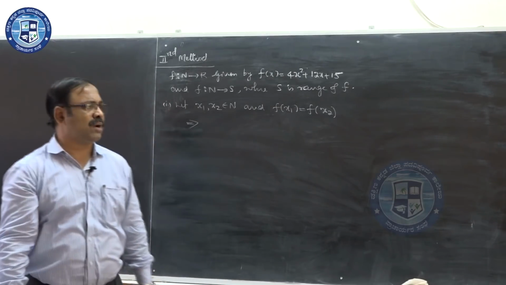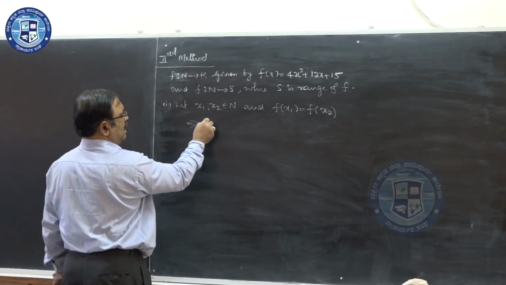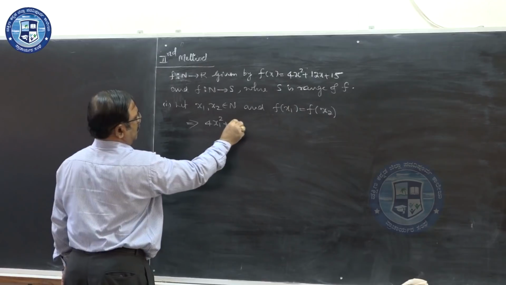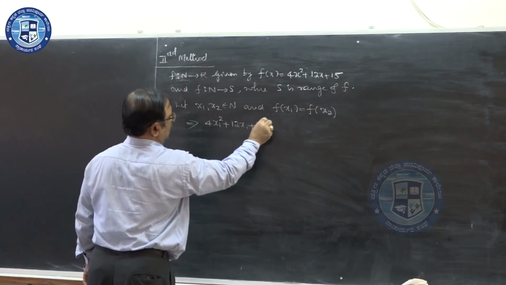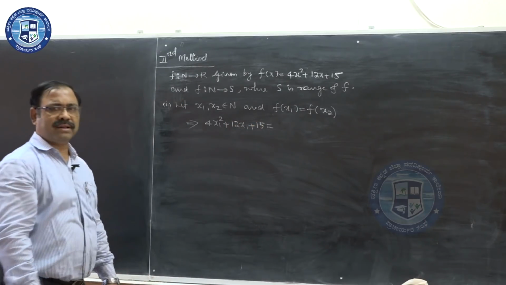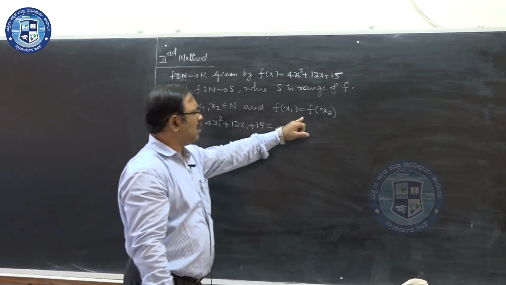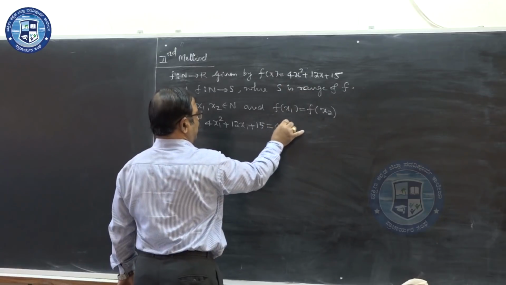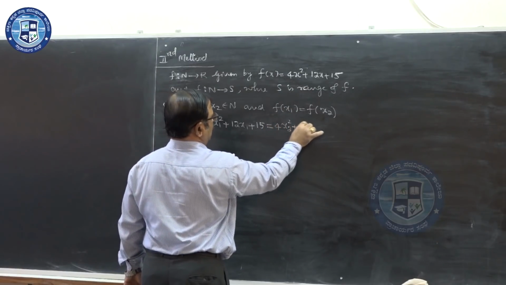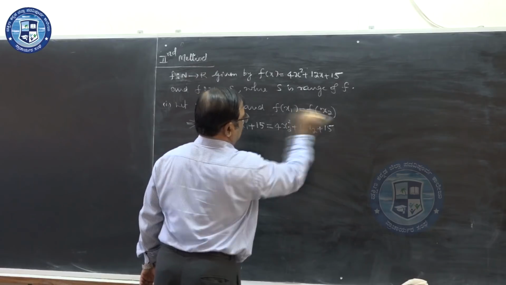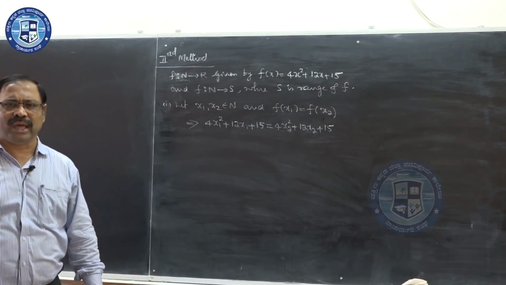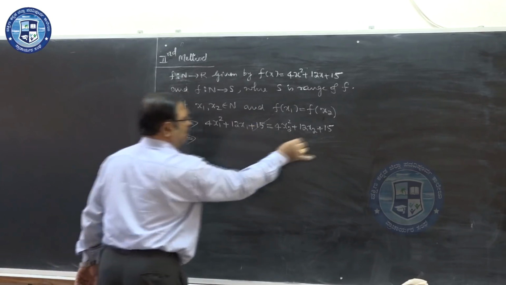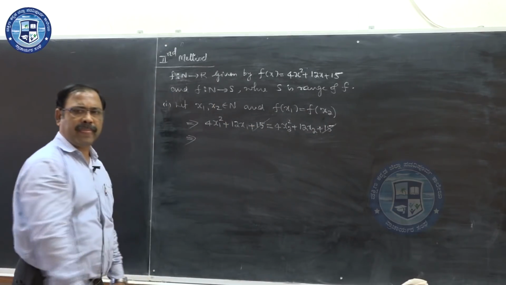F of x1 is 4x1 square plus 12x1 plus 15. And f of x2 is 4x2 square plus 12x2 plus 15.